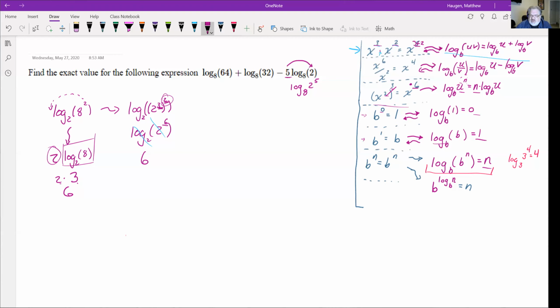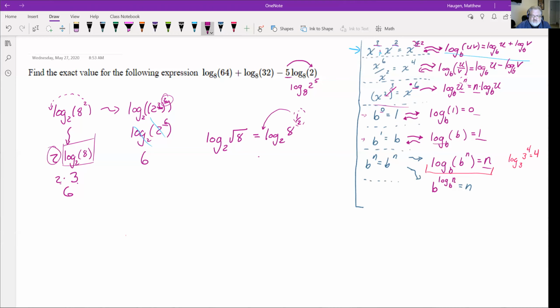Can we do cool things with this? Oh, absolutely. If I ask you what log base 2 of the square root of 8 is, that square root has to make you go, ugh, right? Well, that's log base 2 of 8 to the 1/2. Well, crud, what can we do with this 1/2?